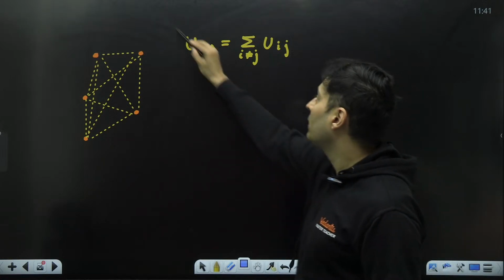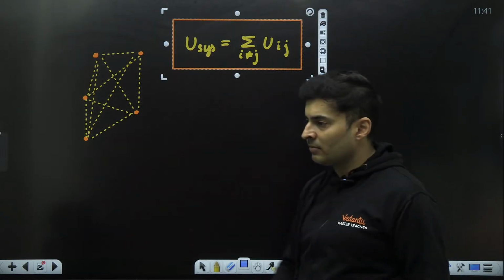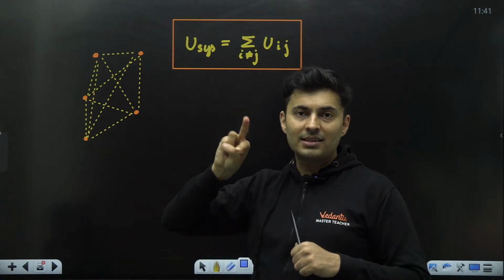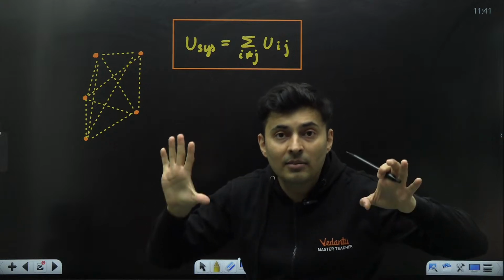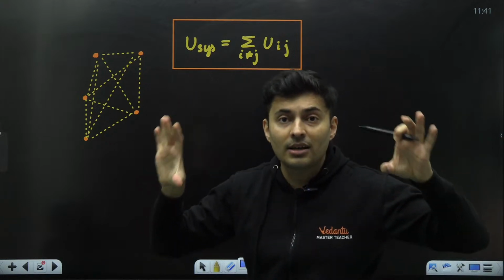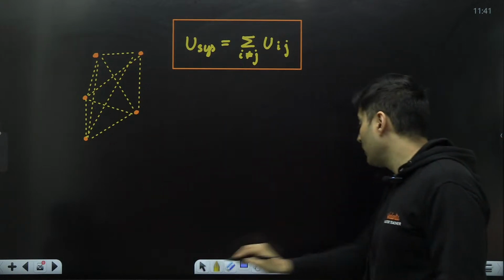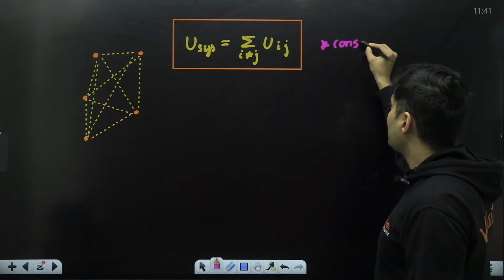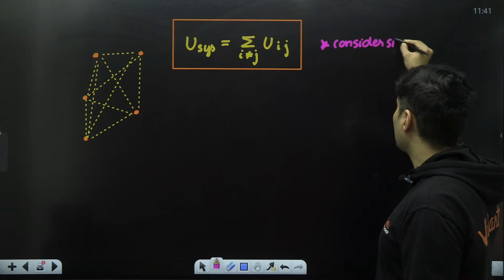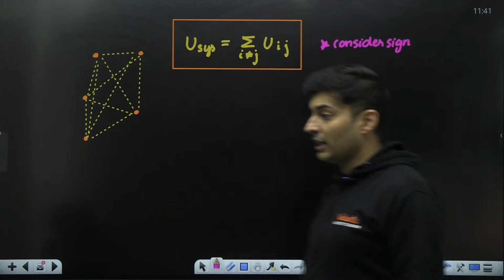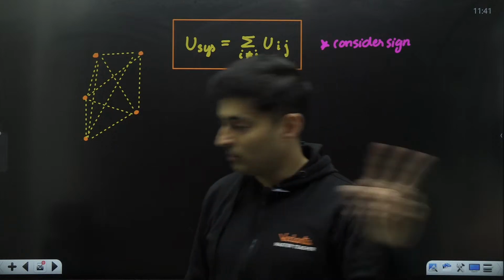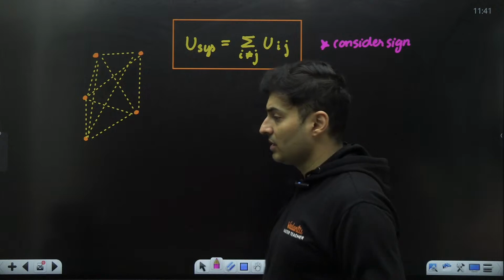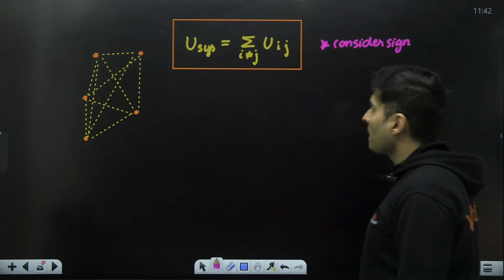The total potential energy of the system is taking the potential energies of each pair of charges or masses and adding them up. Please remember, signs have to be considered. If some are positive, some are negative, don't say negative, I'll make it positive. No, keep that sign as it is. Don't play with it.